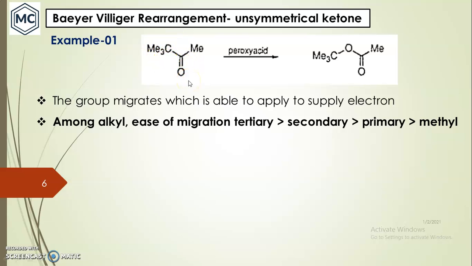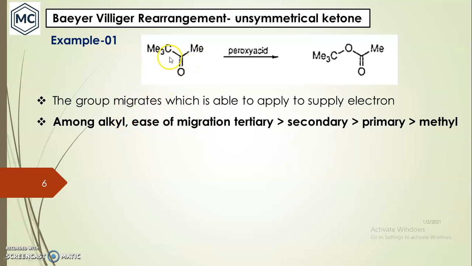So here the question is whether the oxygen gets inserted in between the methyl and carbonyl, or in between tertiary butyl and carbonyl. It is an oxygen insertion reaction, of course, but we have seen that the oxygen gets inserted in between the carbonyl and the tertiary butyl carbon, in the C-C bond.